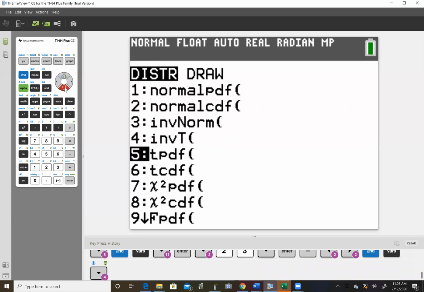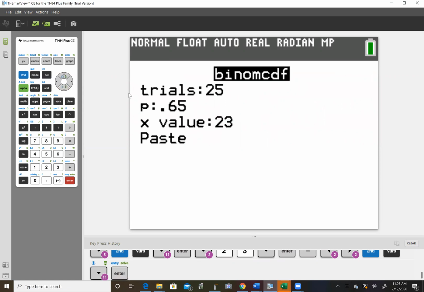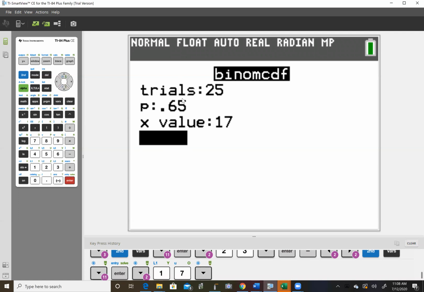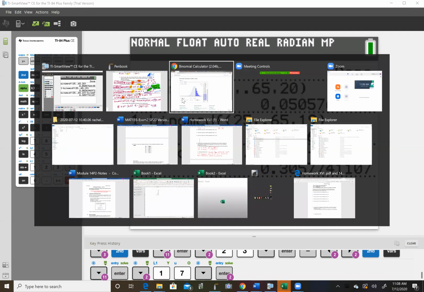I think I can put this all in at once. Well, we'll figure that out, won't we? Till 17. Okay, and I get 0.3058, approximately 30.6%. Let's check our answer on the website.